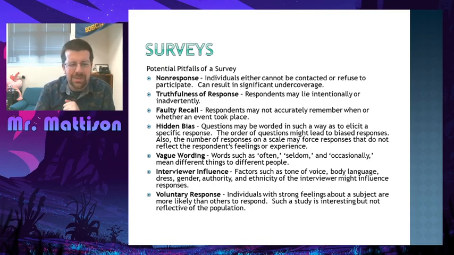Another thing that happens with hidden bias is if you have a super long survey. Like, if you've ever taken a survey which is multiple pages long, and by page 2 or 3, you're just like, I don't care. I'm clicking on whatever I can and hitting submit so I can be done with it, right? That's another form of that bias.